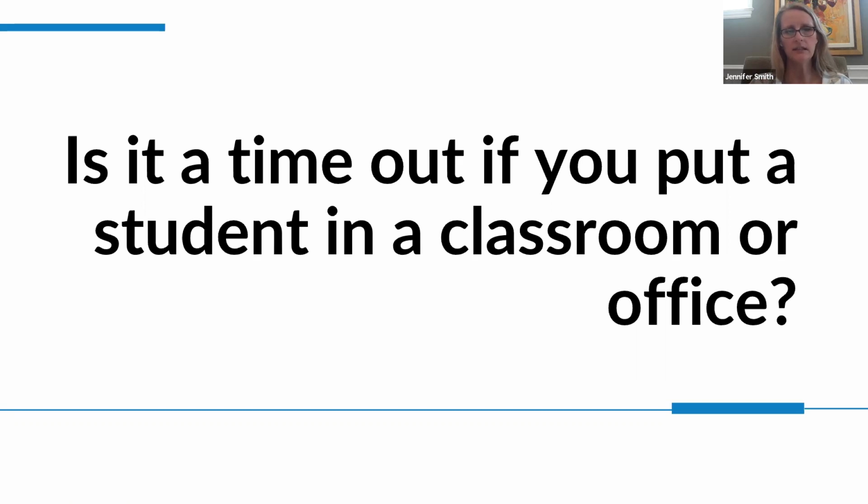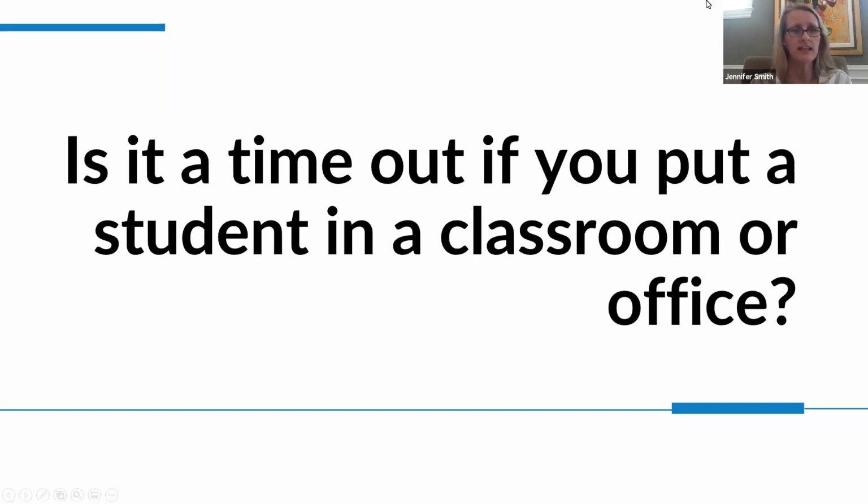I think the key thing here is it's somewhere that is used for other students to study. So it's either to give a quieter space, maybe with sensory support, or it's a disciplinary space.